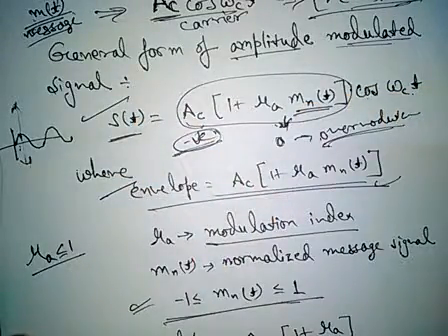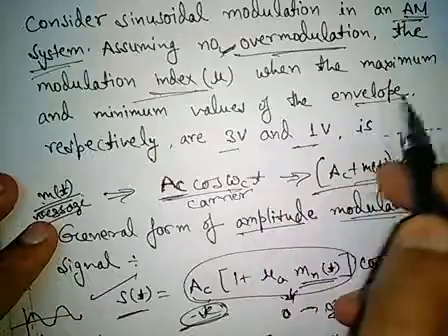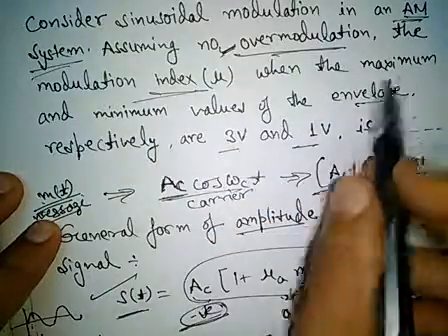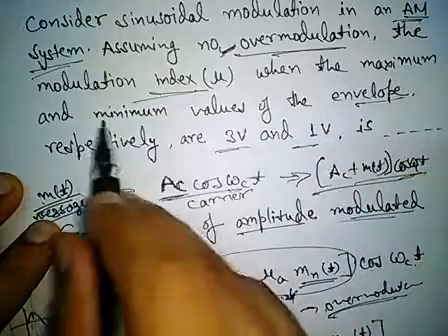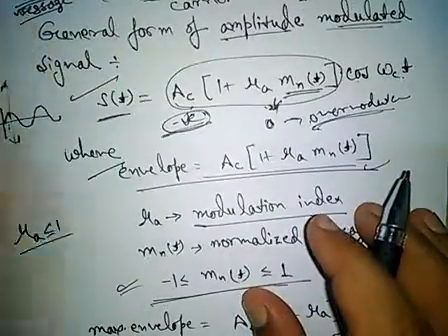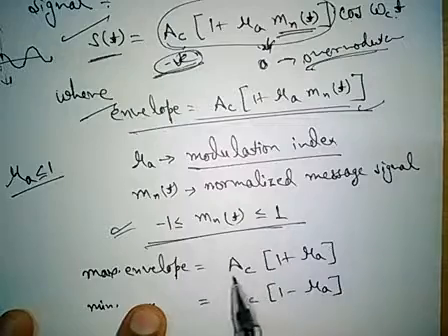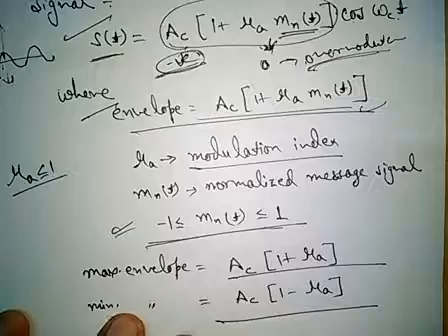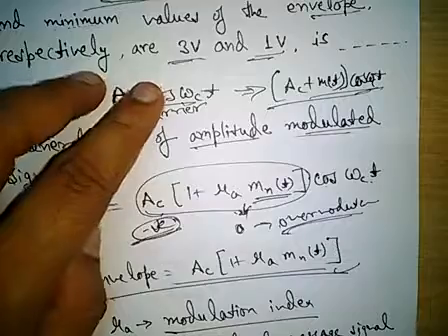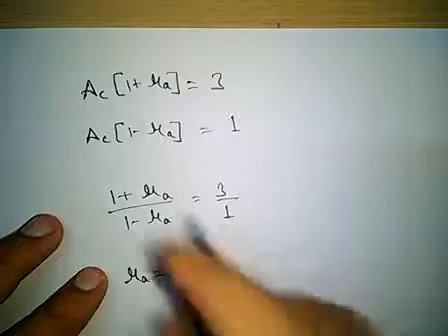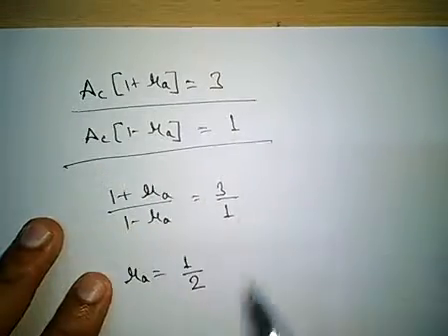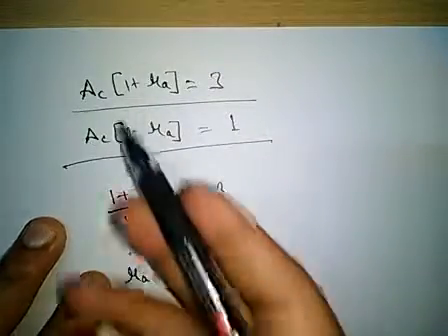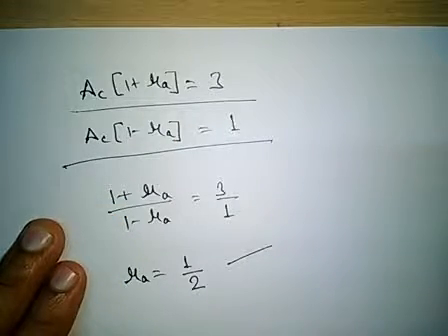For the given problem, the maximum envelope value is 3 volt and the minimum envelope value is 1 volt. So Ac(1 + mu_a) = 3 and Ac(1 - mu_a) = 1. By solving, or dividing, we can easily calculate mu_a equals half.